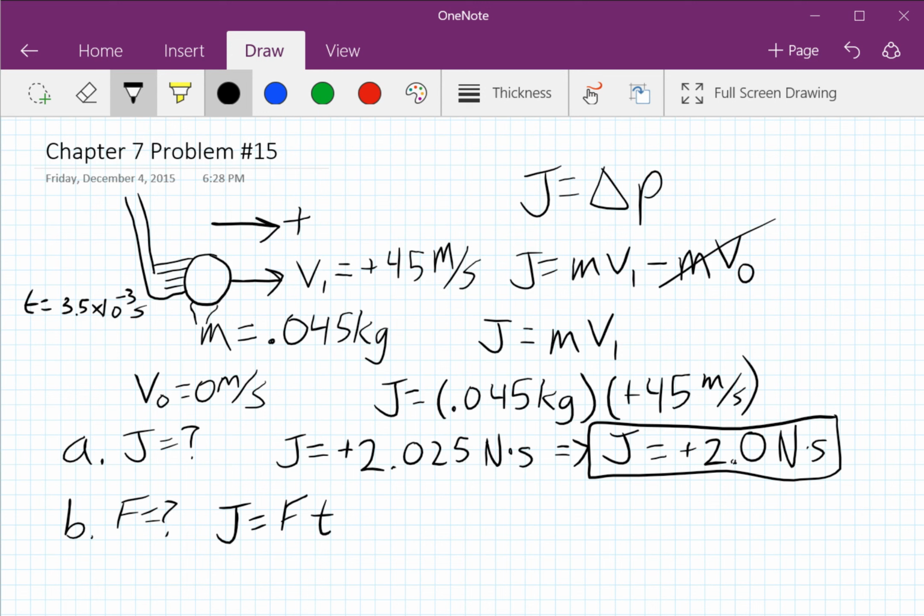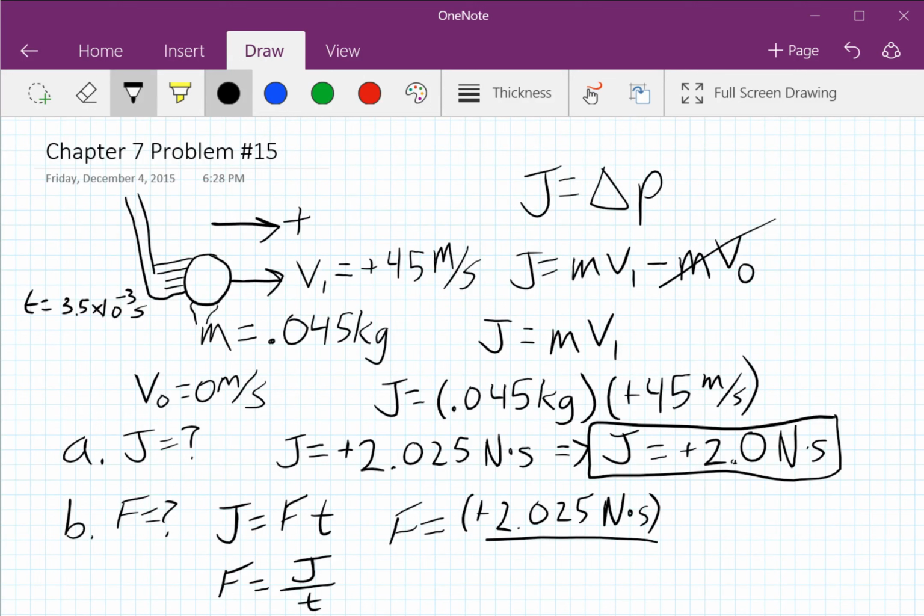To find F, I'm just going to have to isolate for F. So F will equal the impulse divided by the time. Go ahead and plug in the unrounded number for impulse. That's going to be positive 2.025 Newton seconds divided by 3.5 times 10 to the negative third seconds.